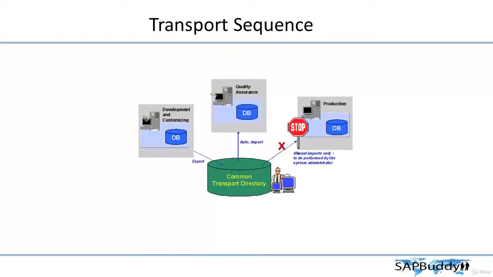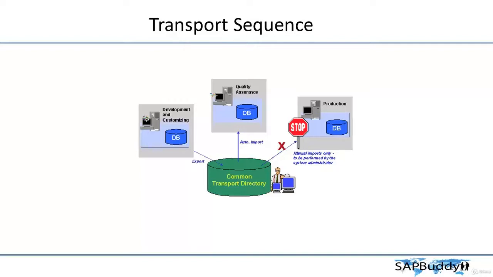So as we have seen before, to define the transport route we need to have the transport directory, which enables the SAP system landscape to save the data file and the co-file as well as the log file. So how does it happen? When you define the transport route, what do you want to do? How do you want to transport this? This is the route.